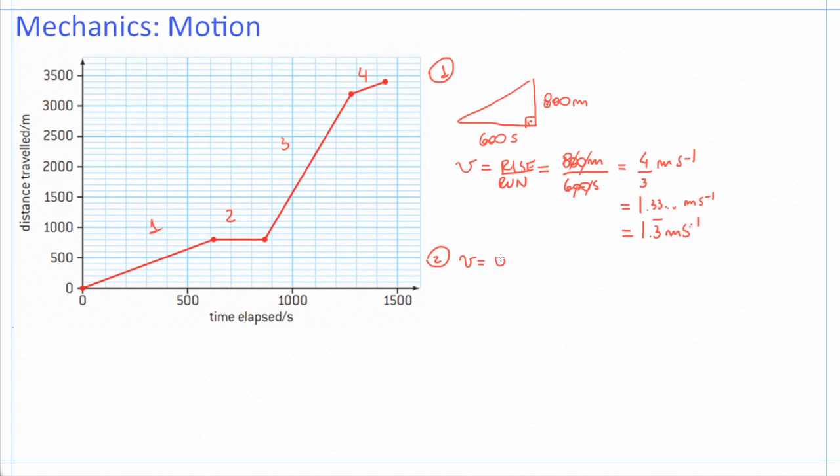You could even try to interpret the time here, assume it's approximately 250 seconds or something like that, but whatever, 0 divided by time will be 0. So our speed is also 0. At any point when you see a flat line on a distance time graph, your speed will be 0.